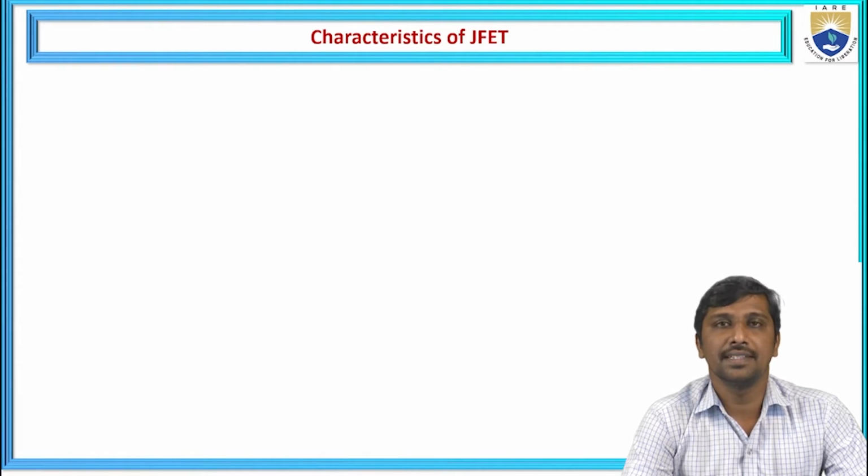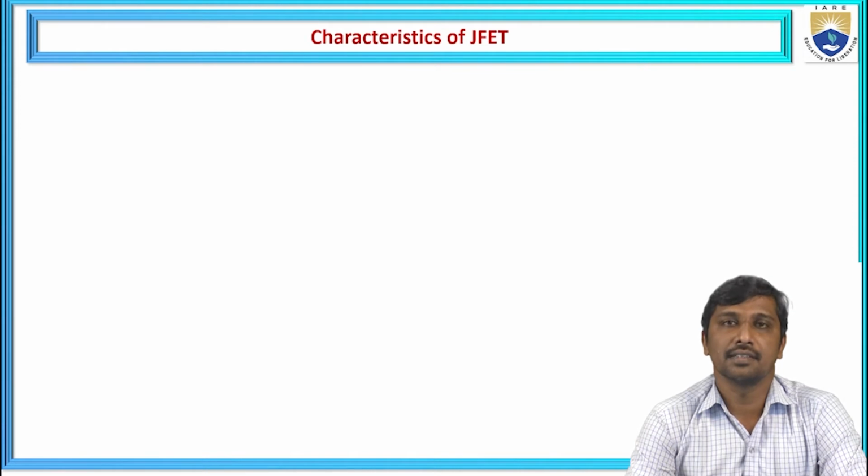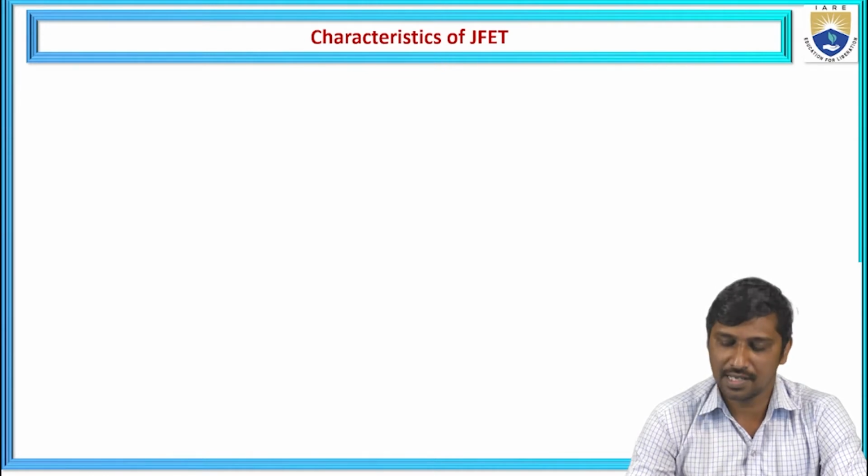If we consider the P-channel JFET, the conduction depends upon holes. Now, today we are going to discuss the characteristics, in terms of voltage and current, of the junction field effect transistor.